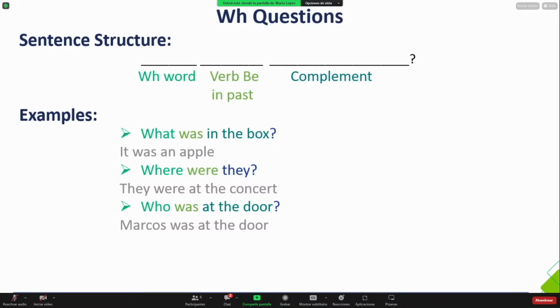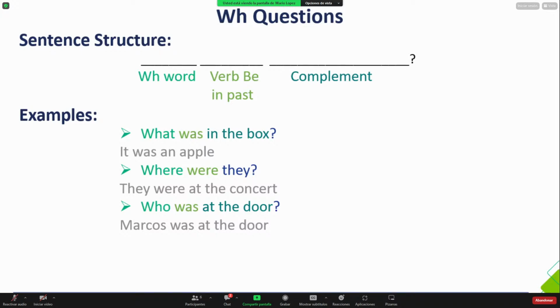For example, what was in the box? ¿Qué había en la caja? It was an apple. The answer is a sentence in past with verb be. La respuesta es una oración en pasado con el verb be.